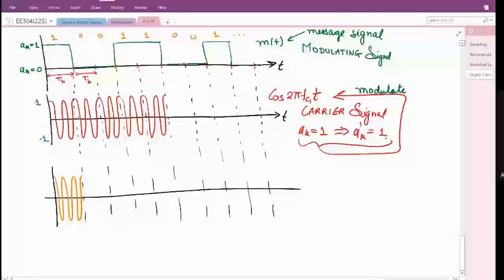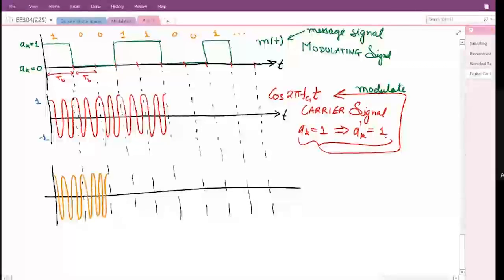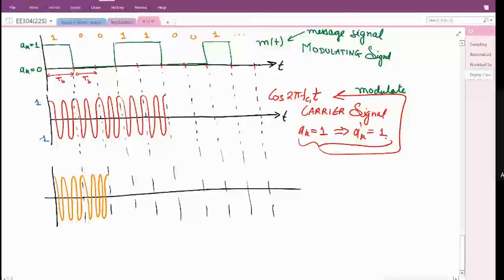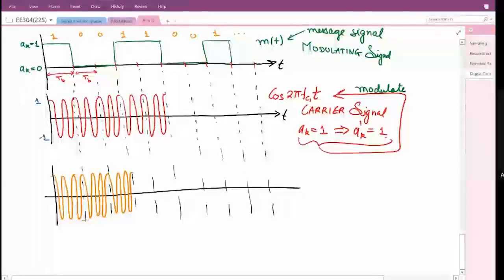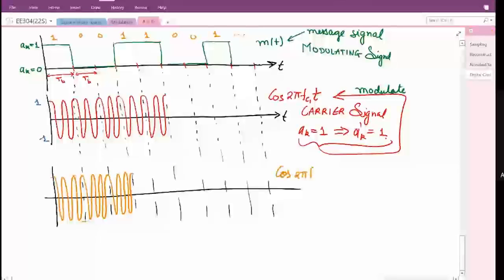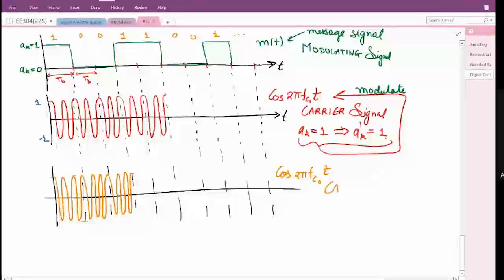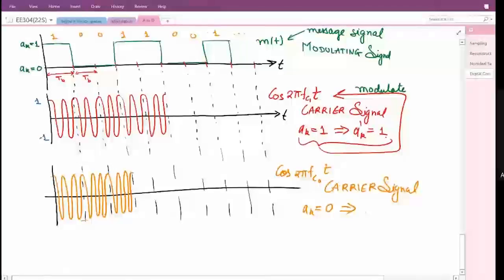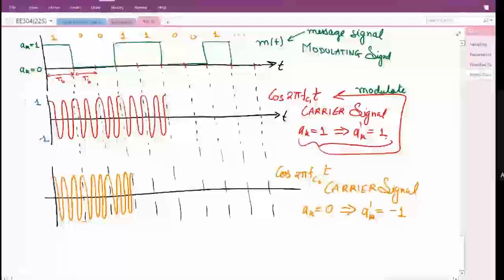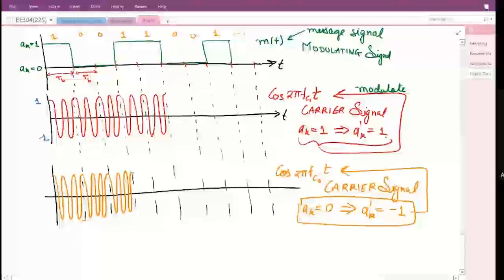This is the carrier, cos of 2 pi FC0 t, again the carrier signal, where if AK was 0, then AK prime was -1, and we are going to use this carrier, AK cos 2 pi FC naught t, with 3 cycles.